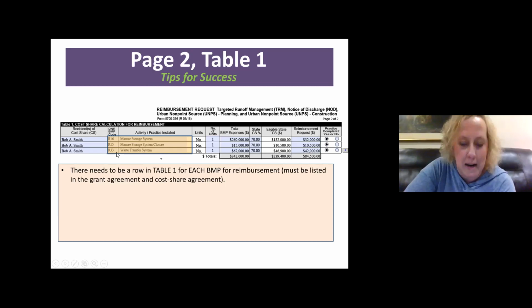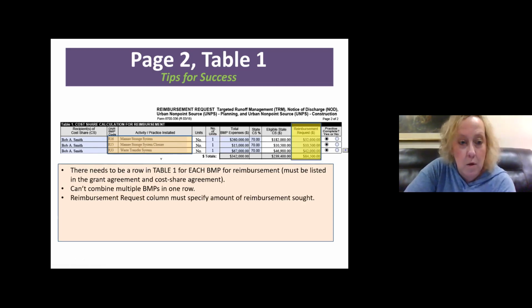There's no combining of BMPs. So you can't combine all 3 of these BMPs into one row to try to simplify things. We need to see each BMP that was installed, and each BMP should get a row. So in this example, you can see that they're separated out.